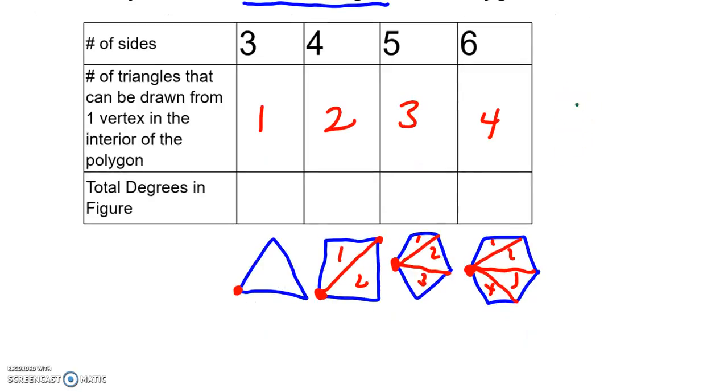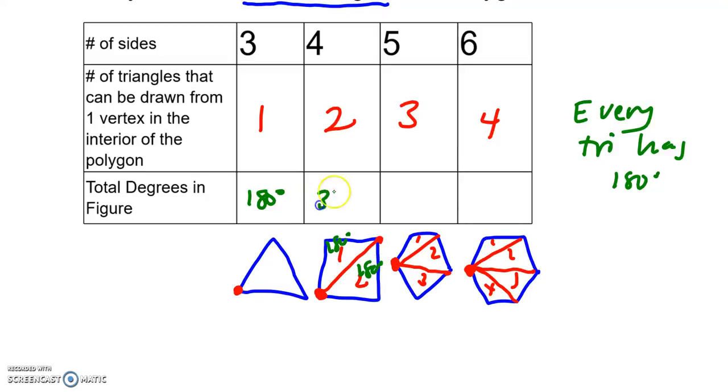Well, we know from the past that every triangle has 180 degrees. So that means that this figure, without much work, has 180 total interior degrees. The second figure, because I have 2 triangles, each of these triangles have to be 180 degrees, so we have 360 total degrees.